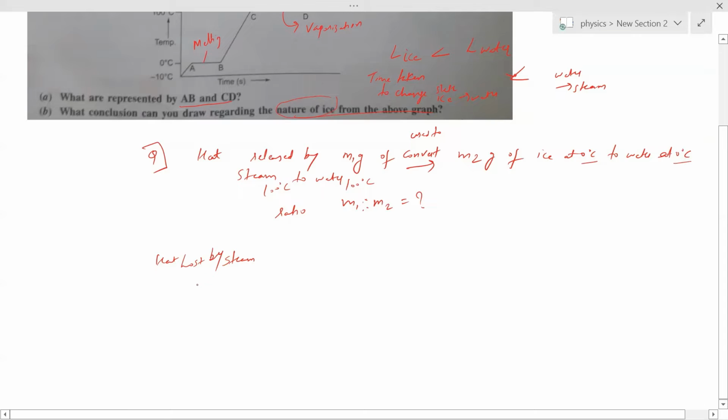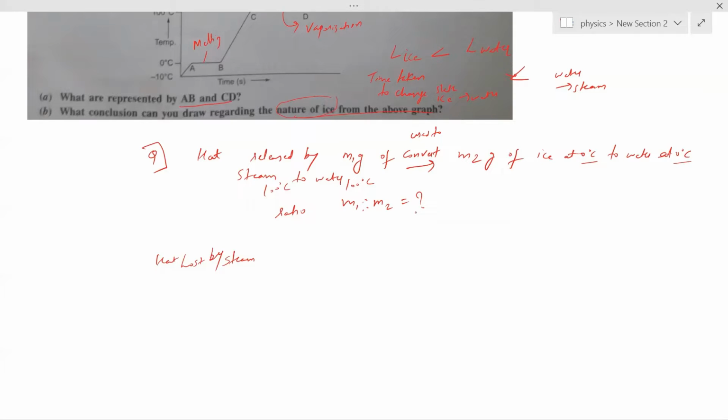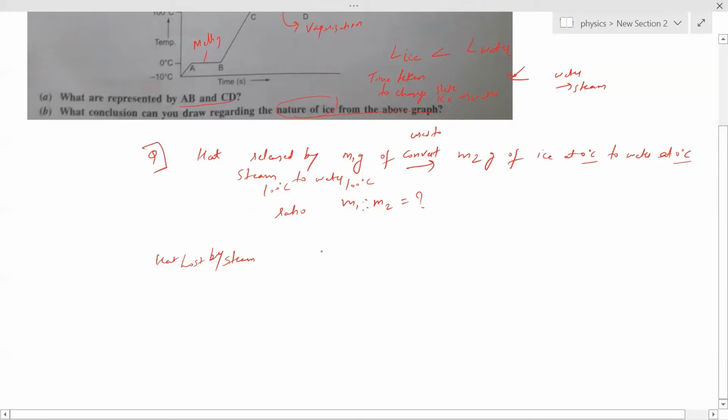Okay, so next, equal to heat gained by water. Heat lost by steam plus change of phase of steam. Okay, heat lost by steam.